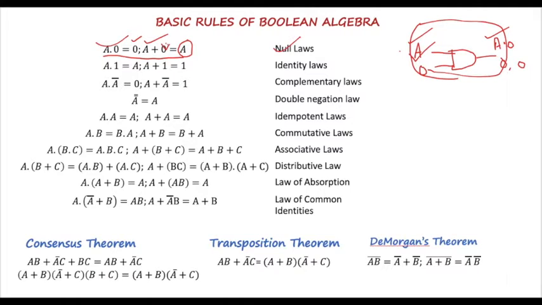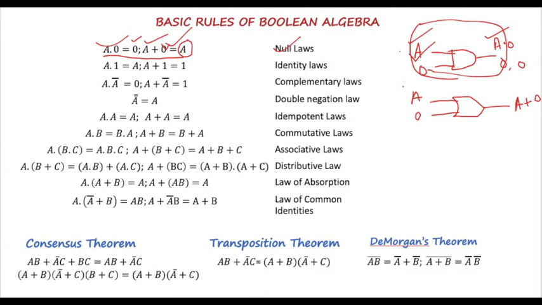Now take this relation. For that I use a two-input OR gate. Now these are the two inputs and this is the output. A is one of the inputs. If the other input is 0, then the output will be A plus 0.